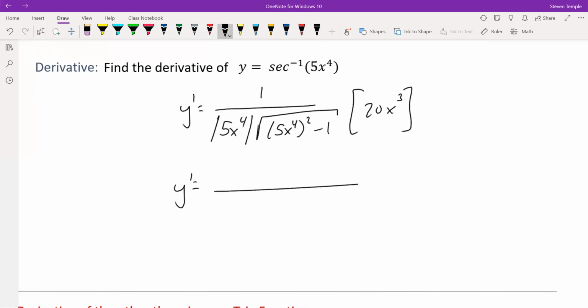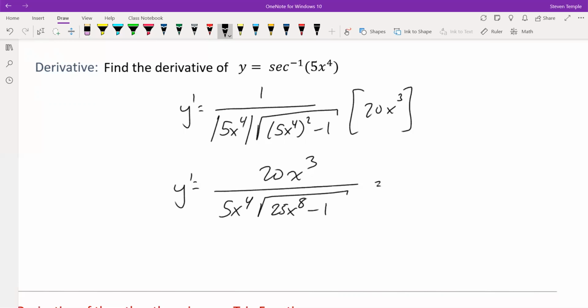This is going to be a big fraction bar, 20x cubed over the absolute value of x to the fourth. Well, that is going to be positive. Anything to the even power is going to be positive, so I can drop the absolute value. I can go ahead and square the 5x to the fourth, which is going to be 25x to the 8th minus 1.